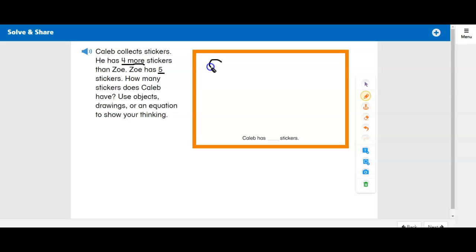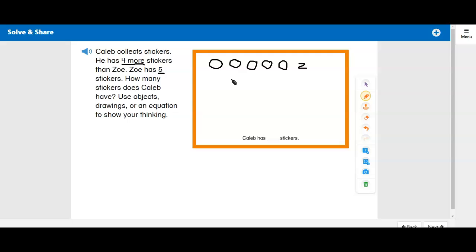So I know that Zoe has 5 stickers, so I'm going to draw Zoe's 5 stickers. So 1, 2, 3, 4, 5. And I'm going to put a Z next to it because I know these are Zoe stickers. It told us that Caleb has 4 more stickers than Zoe.